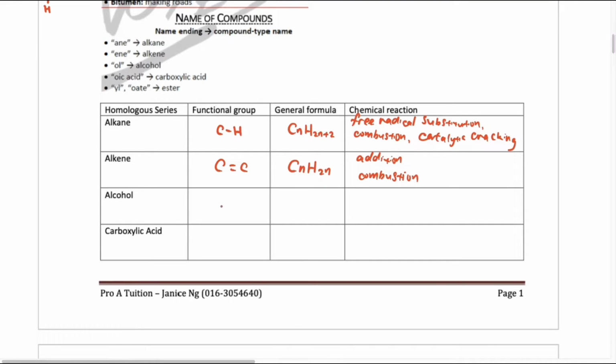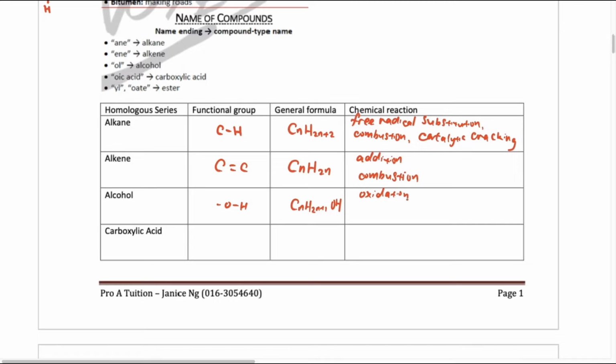So alcohol, the functional group is the OH. General formula CnH2n+1OH. So chemical reactions, we have oxidation.